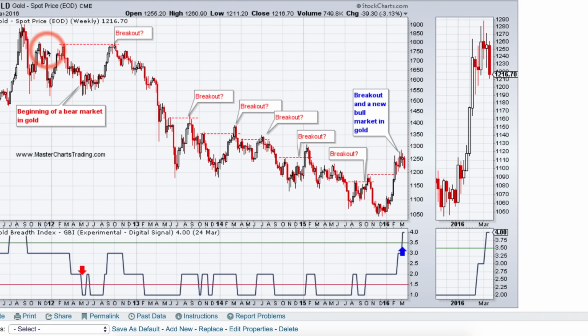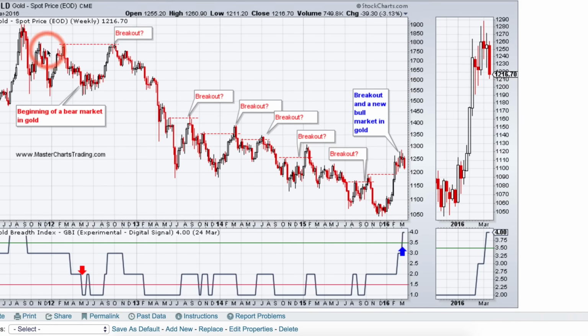And similarly to what I have for stocks, I developed an indicator which I call the gold breadth index, because it includes not only the gold price itself, but also the breadth measures from the gold miners.